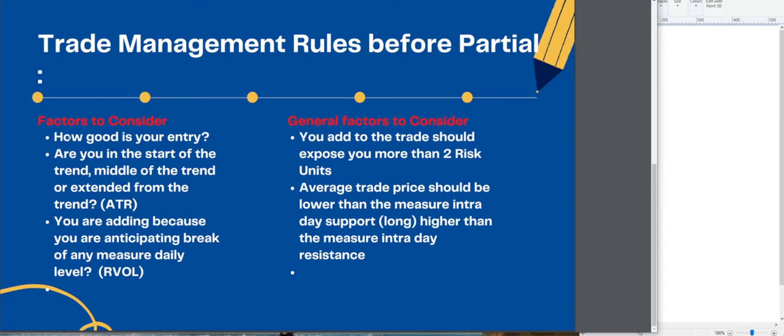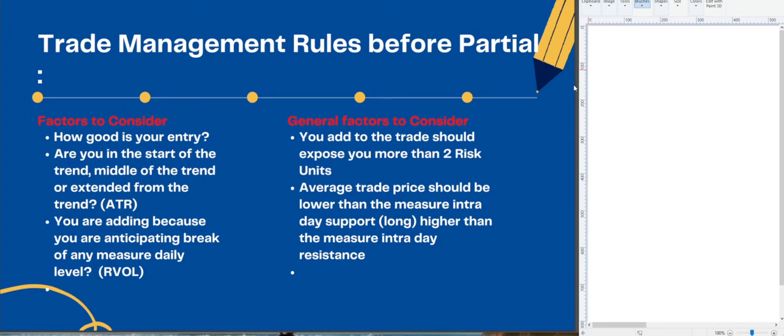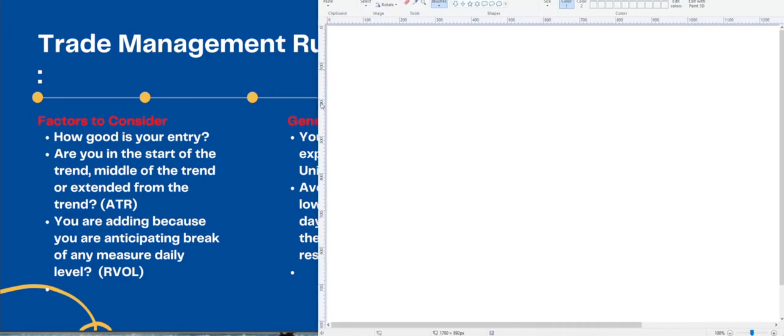So number one, I would ask myself, how good is my entry? Is my entry at a very nice support level, or is it extended on the trend, and therefore I do not have much room? For instance, let's take an example here with the stock you are working on right now.